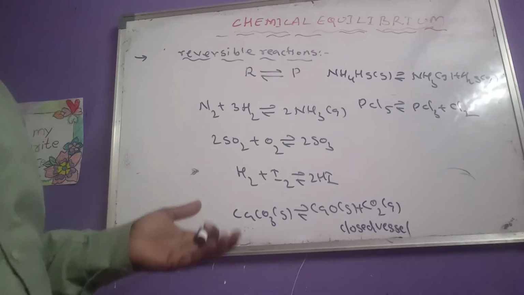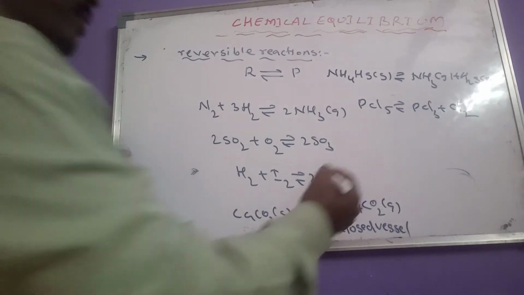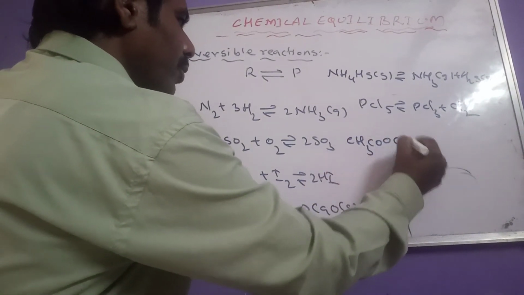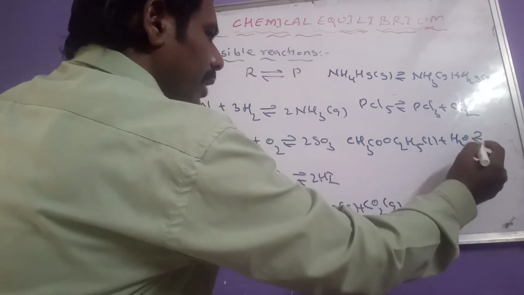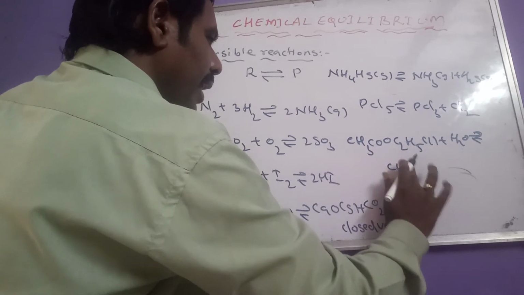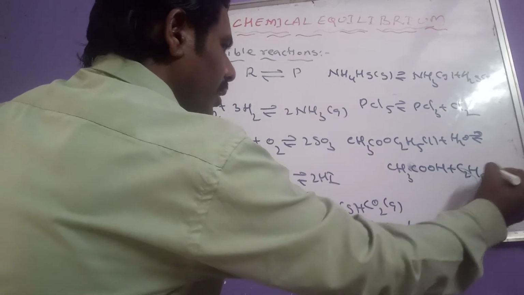And another example is hydrolysis of ester. CH3COOC2H5 liquid, when subjected to hydrolysis, gives acetic acid plus ethyl alcohol.